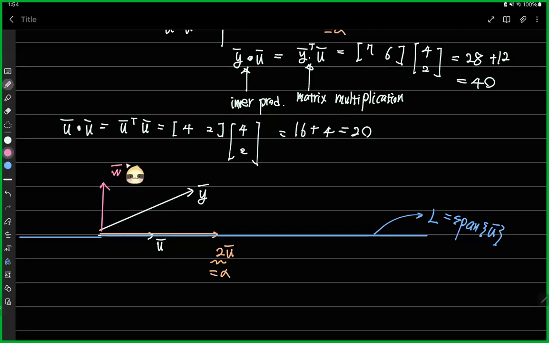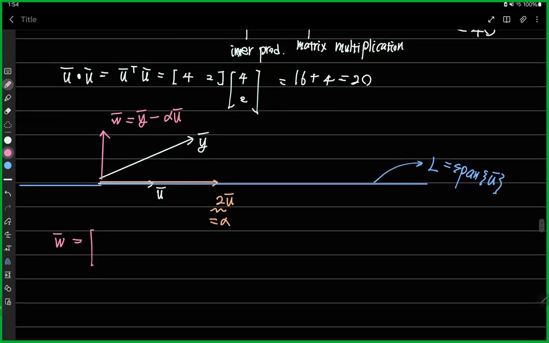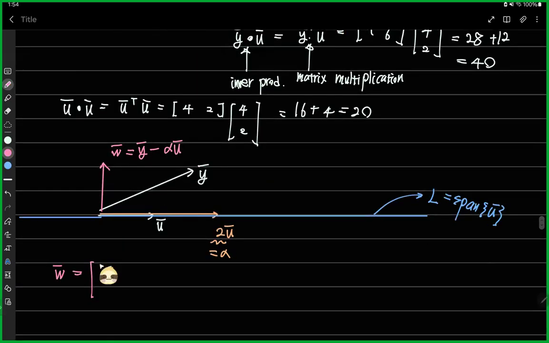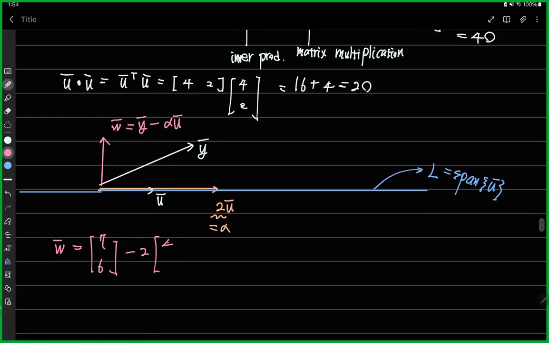We know that w must be equal to y minus alpha u. So w is (7, 6) minus alpha, which is 2, times vector u, which is (4, 2).